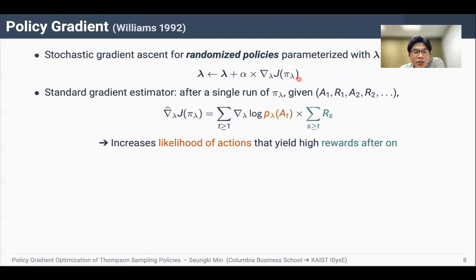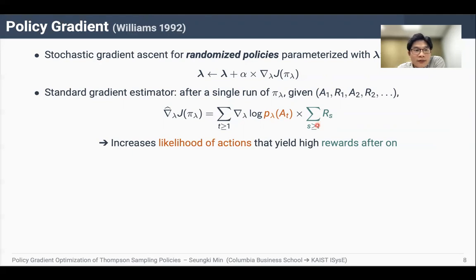And this direction is given by this gradient estimator. So after a single round, we can compute the estimated gradient of the performance of the policy. So in a nutshell, it is trying to increase the likelihood of the actions that have yielded a high reward after that action.